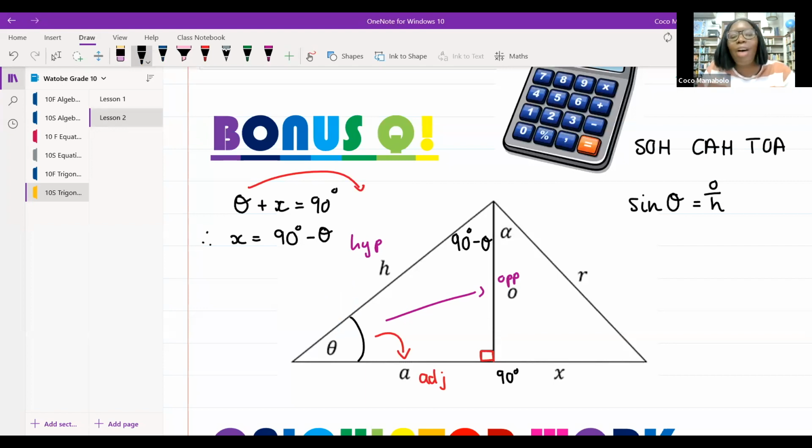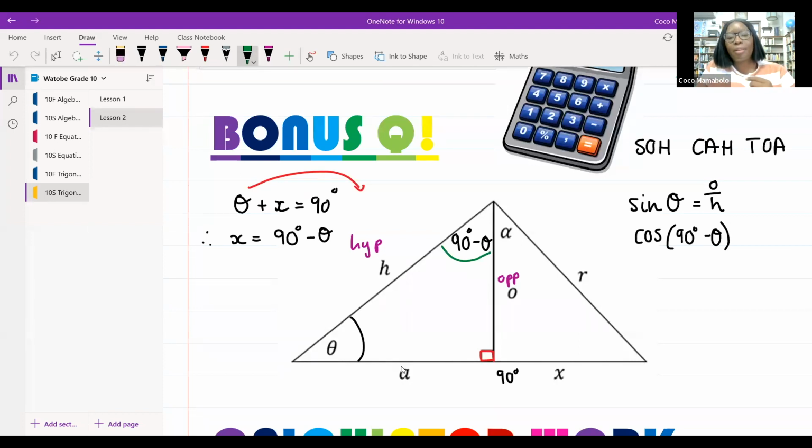Now I want you guys to give me the cos of 90 degrees minus theta. What has actually happened is that I've shifted my view. This is where I am at the moment. I know that this is my angle.